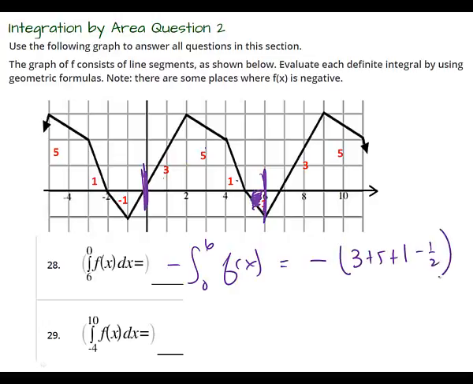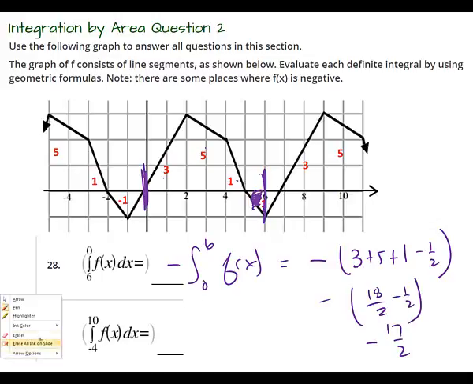Negative 1/2. So it's 5 plus 3 plus 1. 9. In halves isn't 9 18? So what's 18 halves minus 1/2? 17 halves, and it's negative because we had to do the switch on it. That's probably the hardest one we've seen out of those, huh?